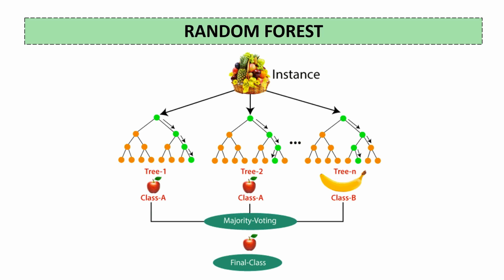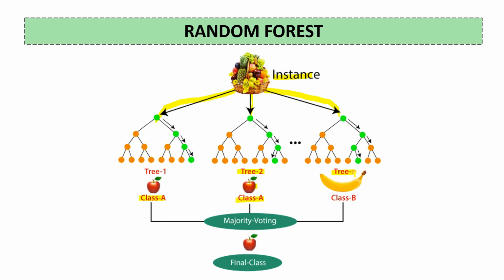So let's take one example. Let's say we have a certain data point, called an instance, and you pass it into decision tree number one, decision tree number two, and decision tree number three. Our structure of the decision tree may vary. Let's say class A is predicted as apple by tree one, and tree two also predicts class A as apple.